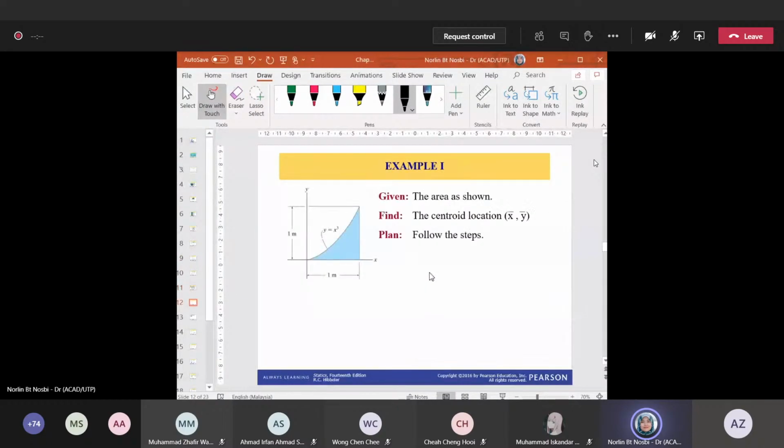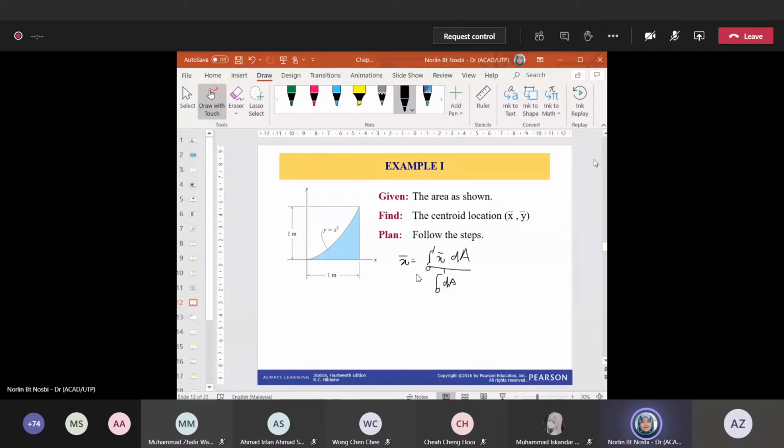Okay, now let us look. x bar would be equal to the integral of x tilde, because it is an area, so it will be dA, over the integral of dA. From which point to which point? If you look at the x-axis, it would be 0 until 1, and the same at the bottom, 0 until 1.